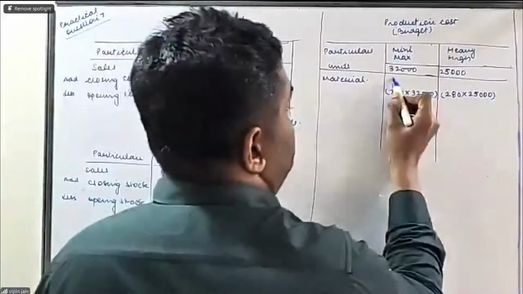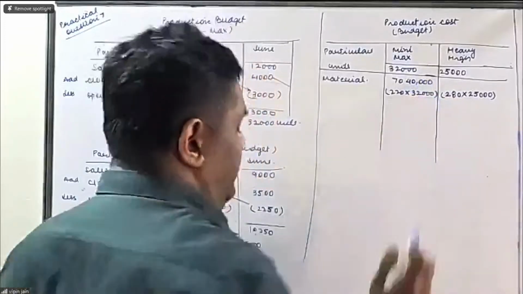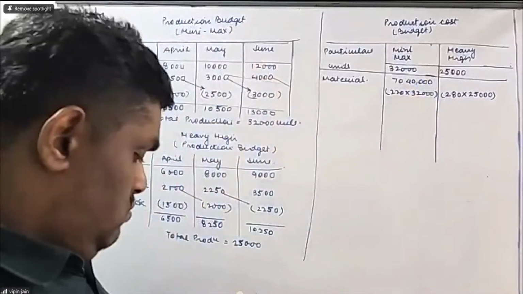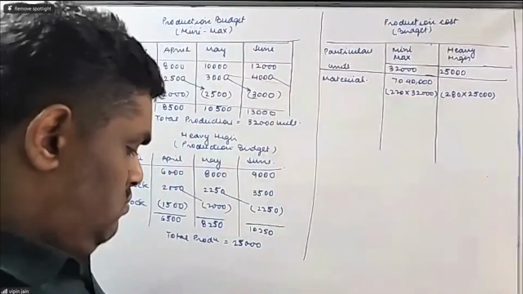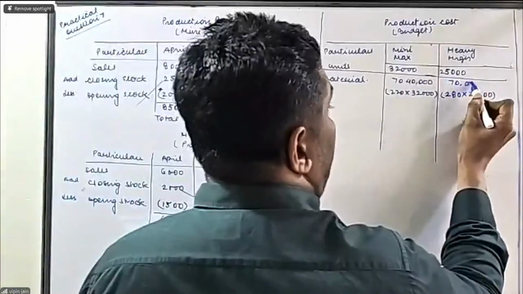So this will be 70 lakh 40,000. And this will be 70 lakh.